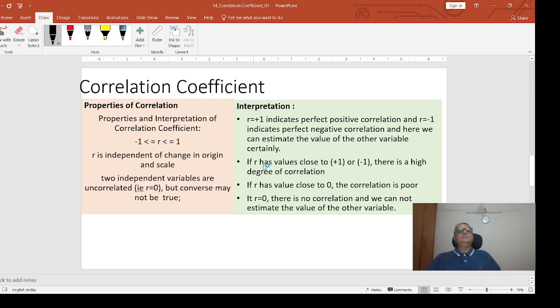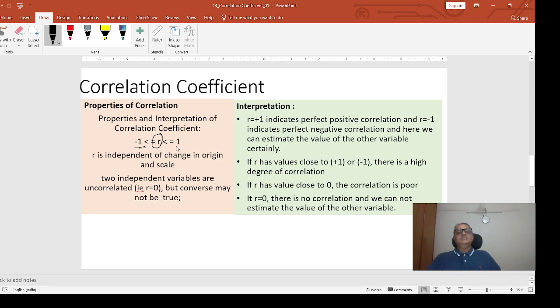Till then, let's further understand what are the properties of correlation coefficient, and how do we interpret whatever values we get for R. What should be the interpretation? Okay, always remember that R lies between -1 and +1. So -1 is less than or equal to R is less than or equal to 1.